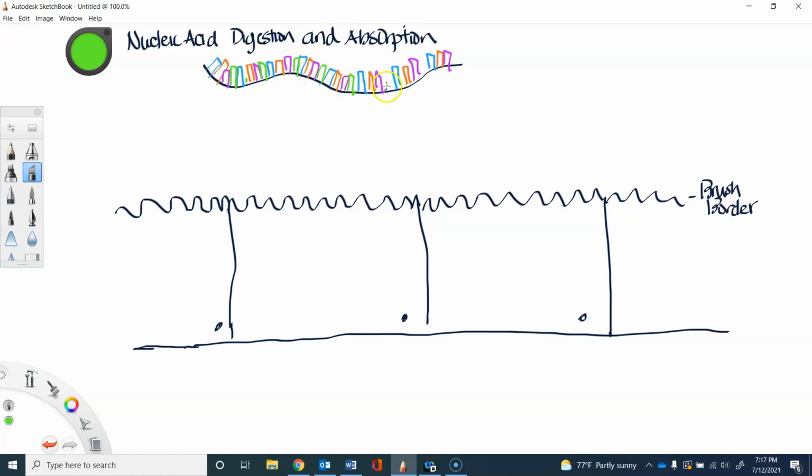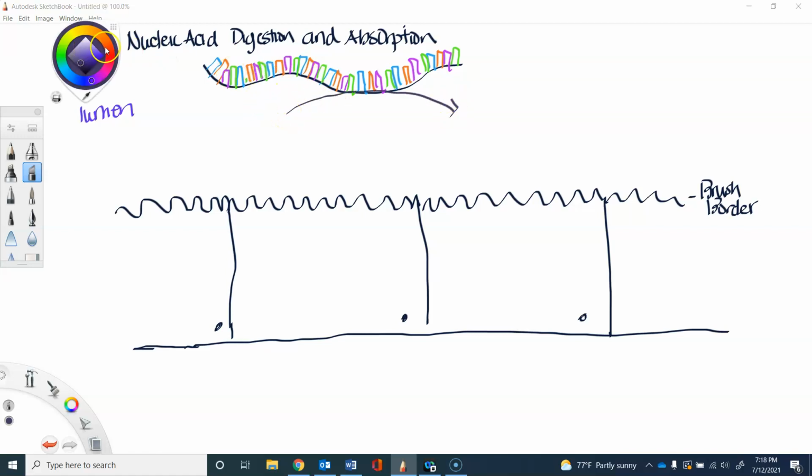So in the lumen, so this is the lumen of the small intestine. We're in the duodenum here, and of course we're getting pancreatic enzymes. And within those pancreatic enzymes are special enzymes that cut these DNA and RNA strands into the individual nucleotides.